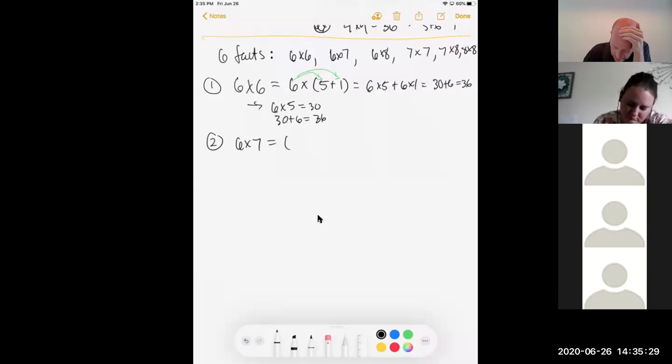Using the deductive thinking, 6 times 6 plus 1 is equal to 6 times 6 plus 6 times 1, which gives 36 plus 6. Now, 6 times 6 is actually a square number, a perfect square, so a squaring fact.